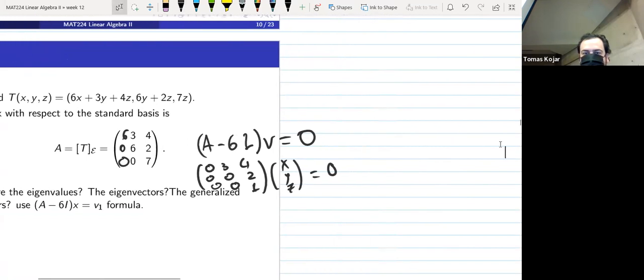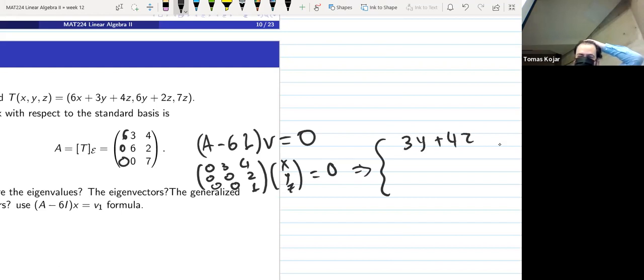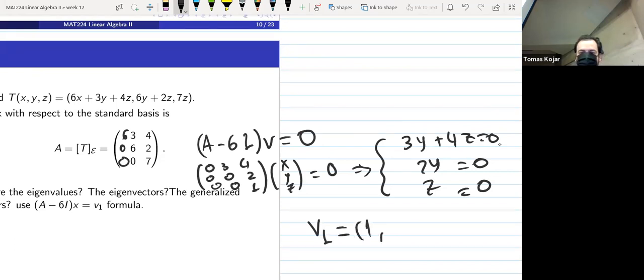And so you just multiply out and you get the following system: 3y plus 4z, 2y, z, all equal to 0. So what is V1? Yeah, he already said it. It was 1, 0, 0. That's the free variable. Now, how do you find the generalized eigenvector?